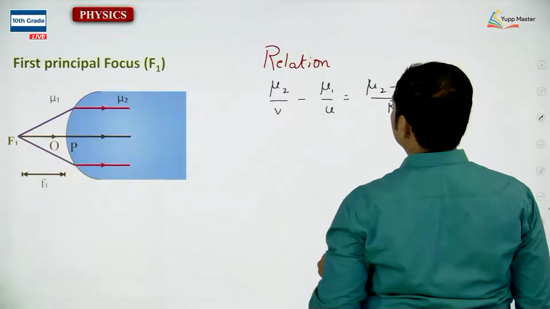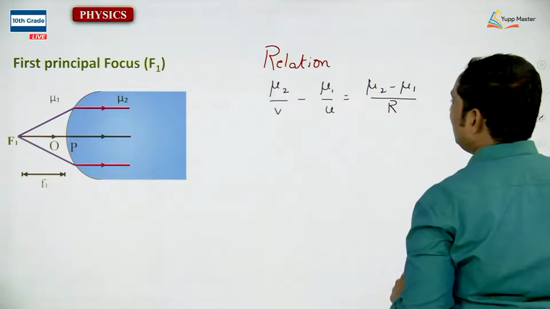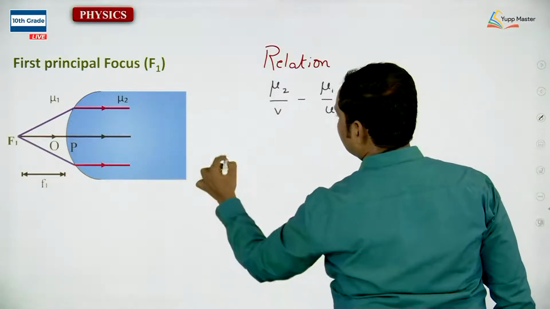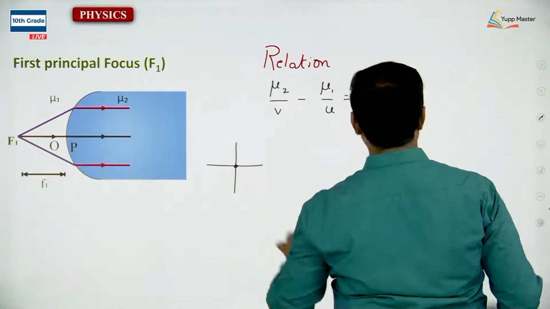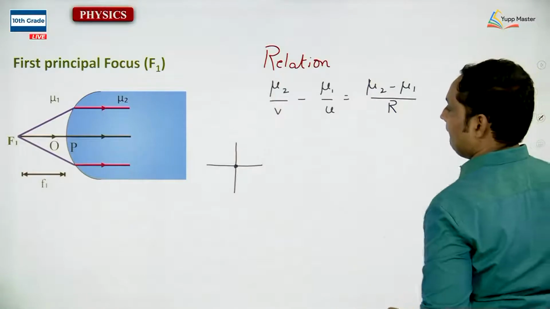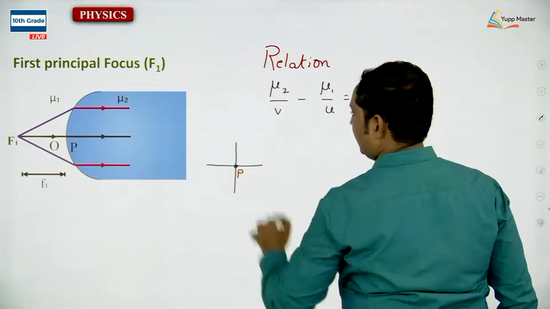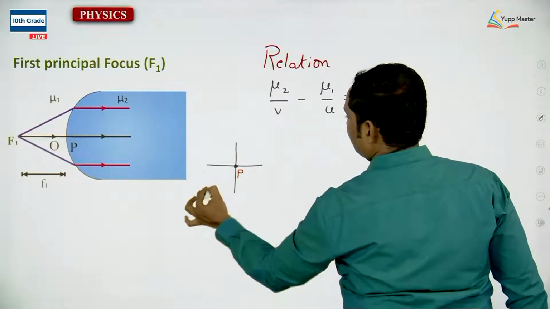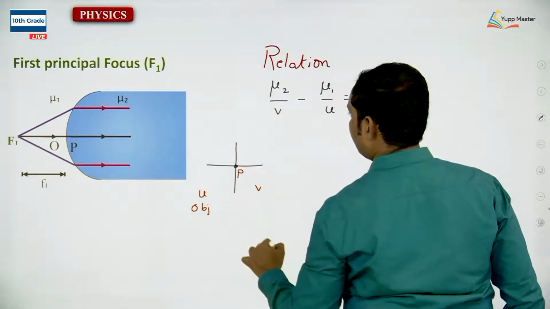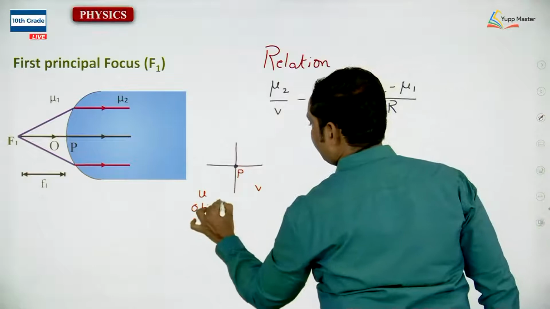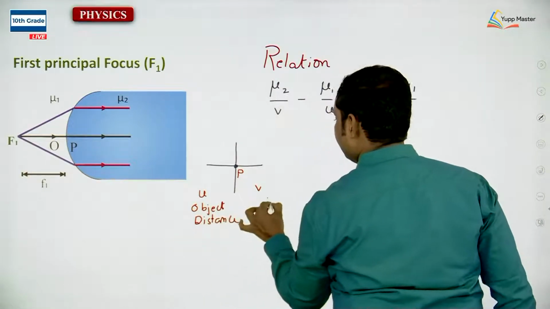Now, let us see, in this case, if you are identifying from the pole P, right, you are going to take that u and v, the object distance and the image distance.